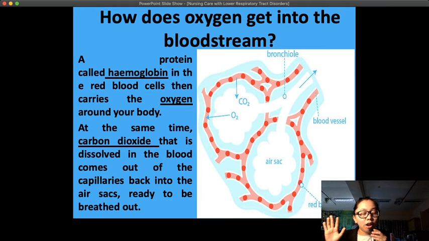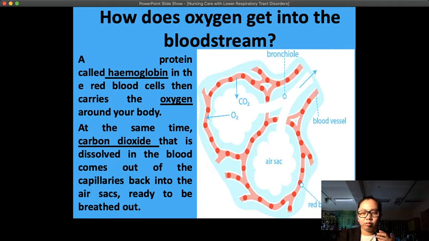Or else, if there is no oxygen, we will go into a coma, with some other complications. At the same time, carbon dioxide that is dissolved in the blood comes out of the capillaries back into the air sacs, ready to be breathed out. So the carbon dioxide is dissolved in our blood and we breathe it out.